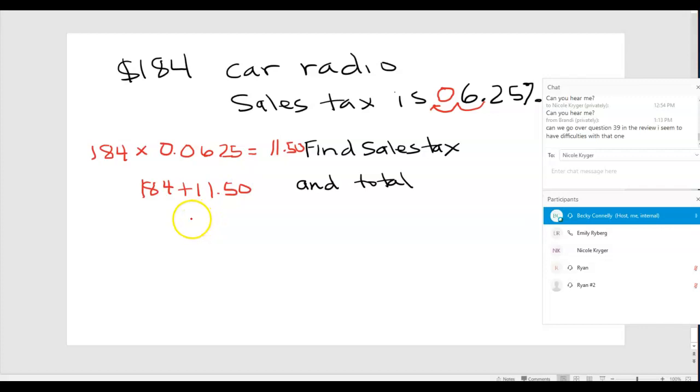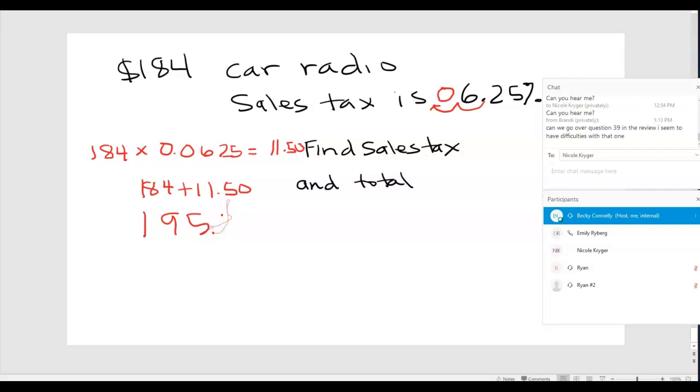So yeah, and just make sure you're watching the questions carefully, because sometimes people will find the tax but then forget to add it back in to know how much the total is, and it's a two-part question, so you'll miss the whole second part of that.